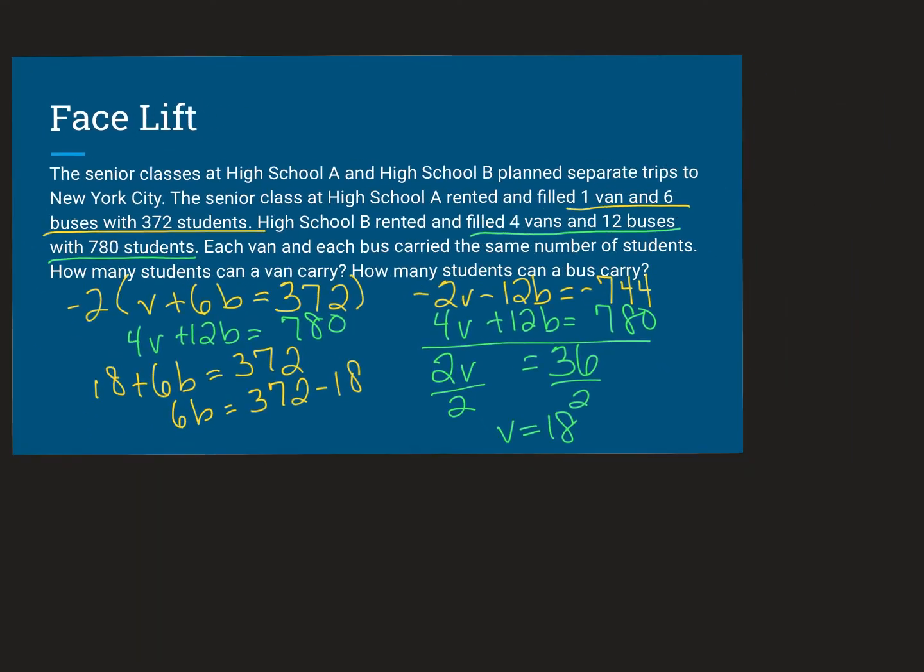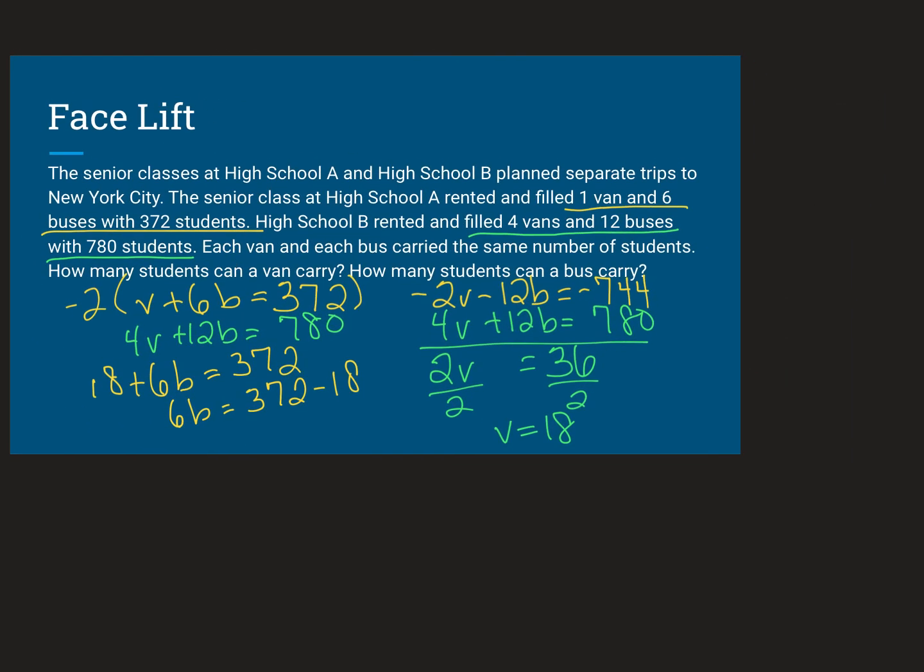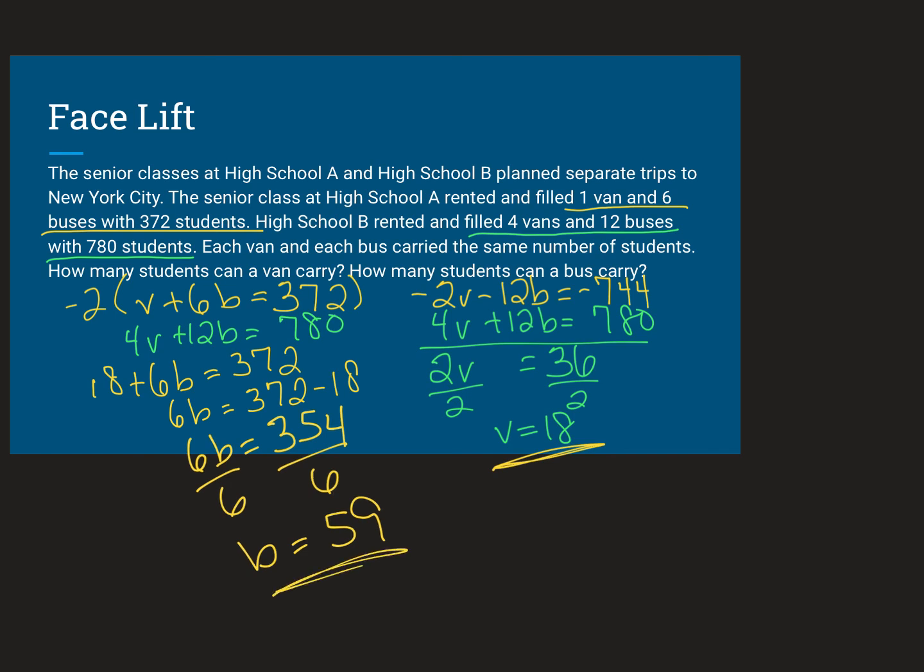So I get 6B equals 354. When I divide both sides by 6, I get B equals 59. So a van holds 18 and a bus holds 59 students.